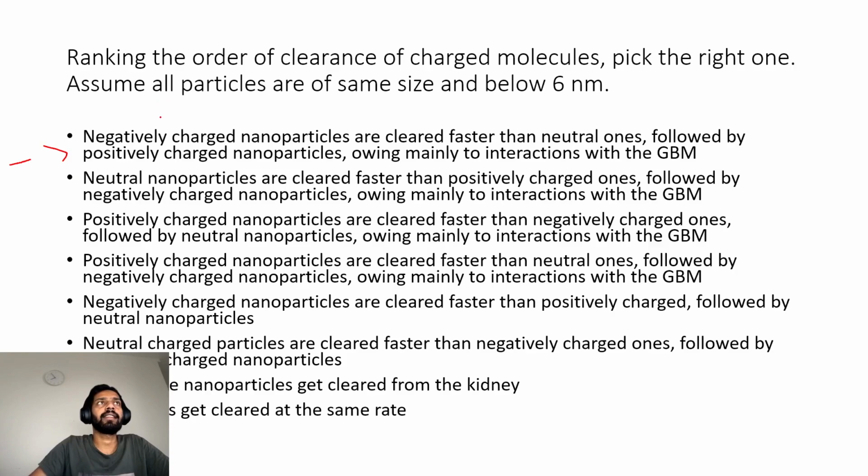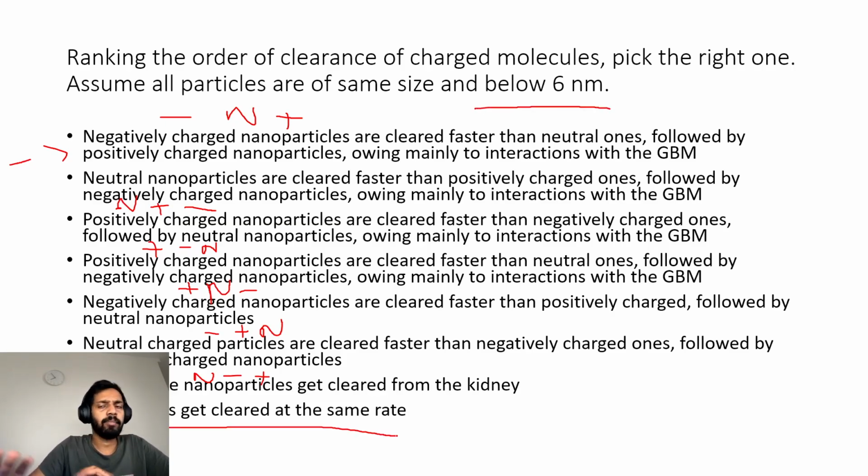So is it negative, neutral, positive; or neutral, positive, negative; or positive, negative, neutral; or positive, neutral, negative; or negative, positive, neutral; or neutral, negative, positive; or is it that none of the particles get cleared from the kidney because they're below 6 nanometers; or that all the particles get cleared at the same rate because the kidney GBM has no preference for charged particles?